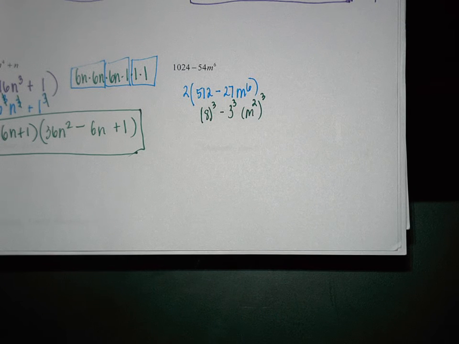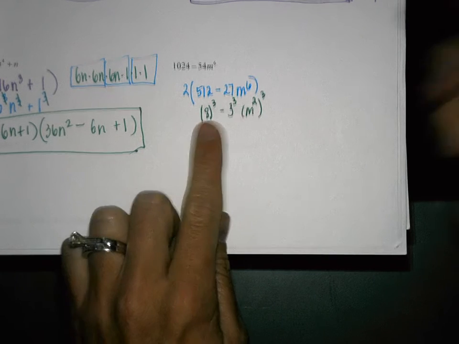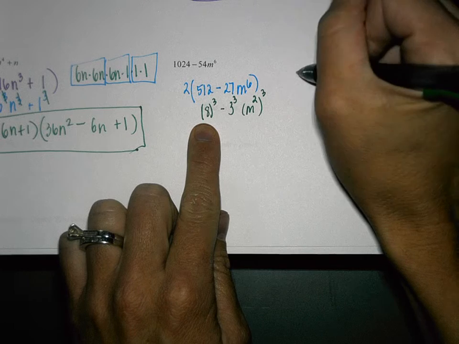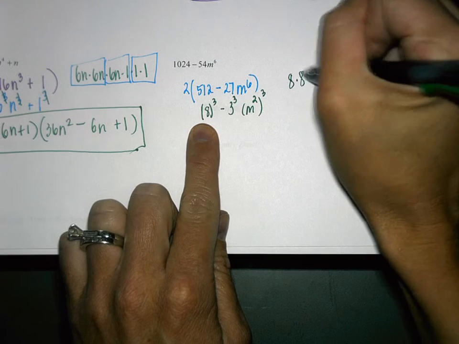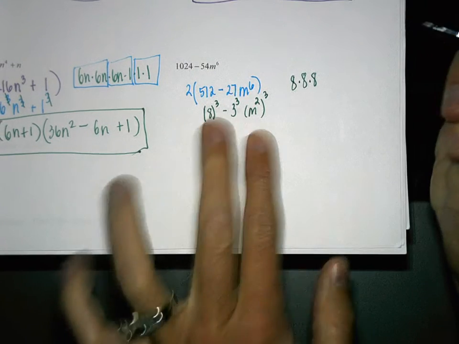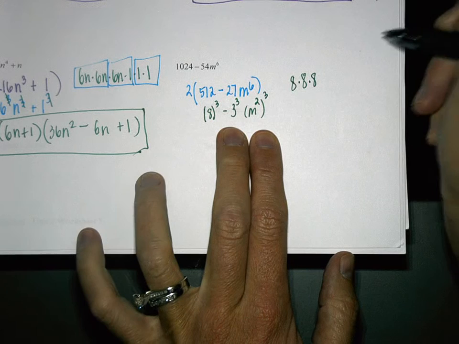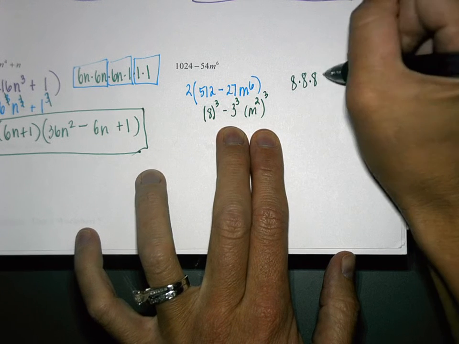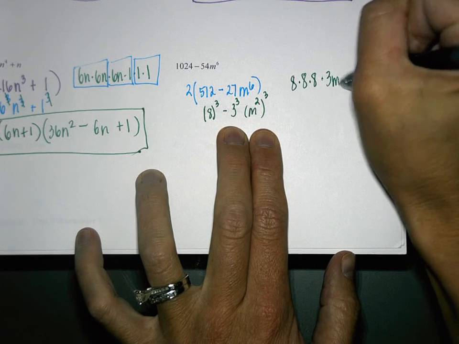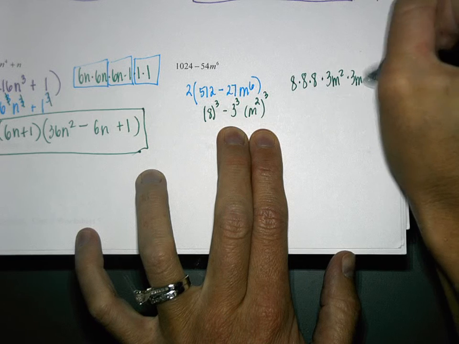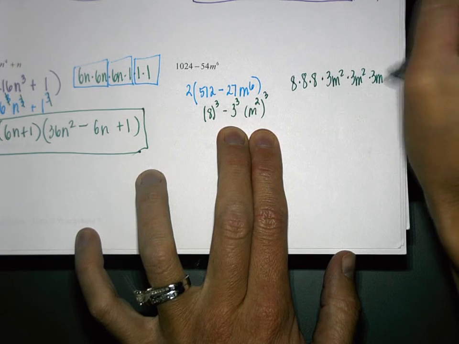So, what should I do next? We could write out all the terms. Okay. So, this is 8 to the 3rd, so we're going to write out 8 times 8 times 8. And then, how am I going to write the next set of 3 terms? 3m squared. Very good. 3m squared times 3m squared times 3m squared.